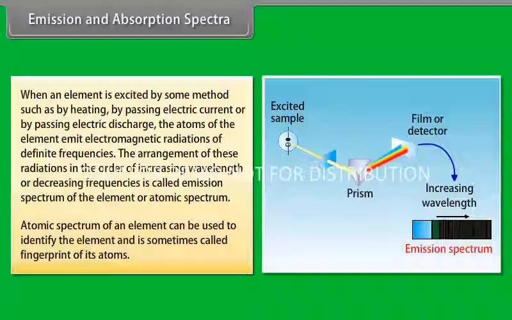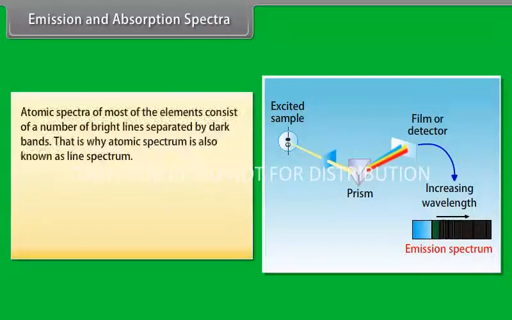Atomic spectrum of an element can be used to identify the element and is sometimes called fingerprint of its atoms. Atomic spectra of most of the elements consists of number of bright lines separated by dark bands. That is why atomic spectrum is also known as line spectrum.